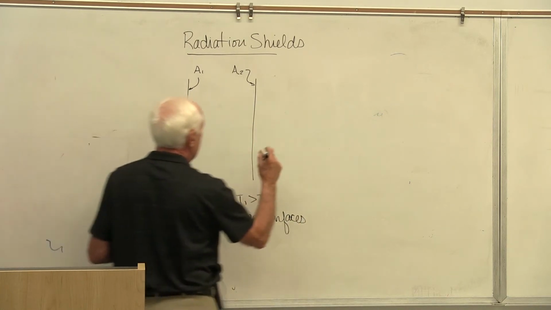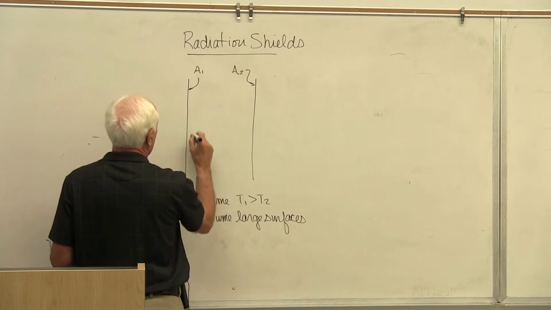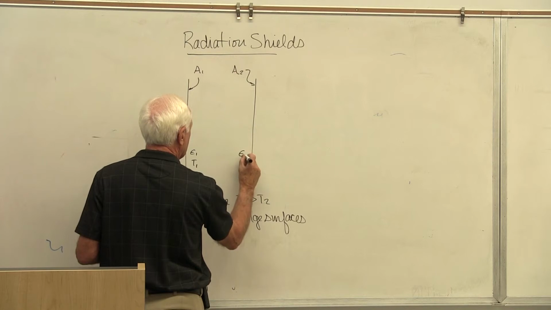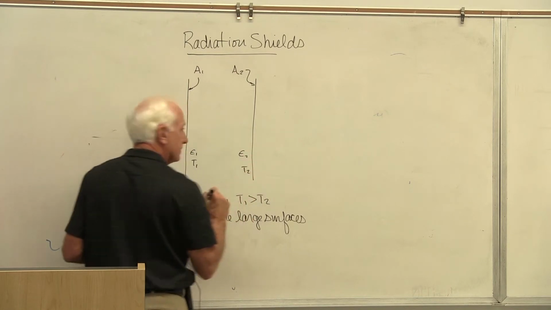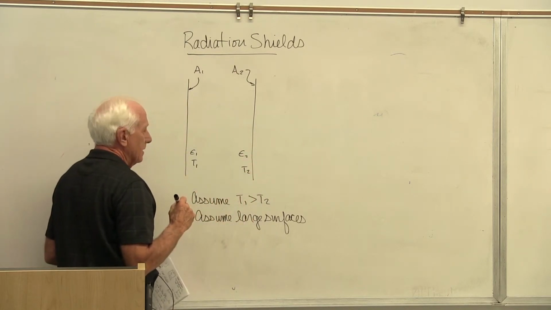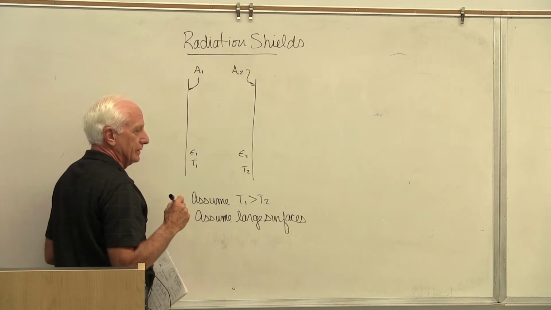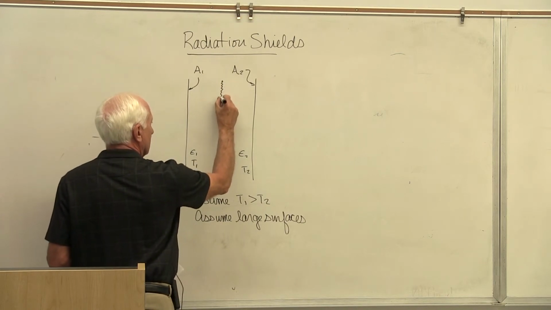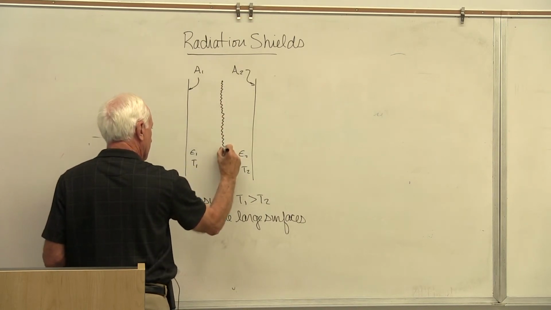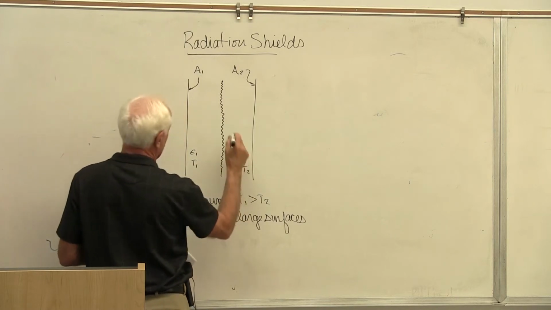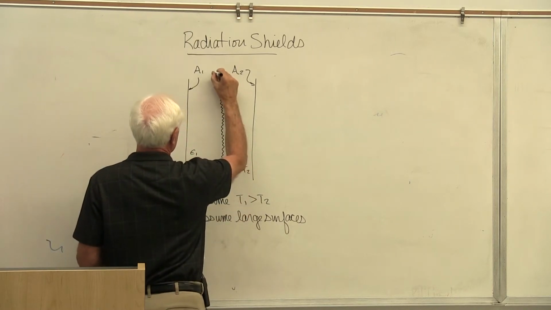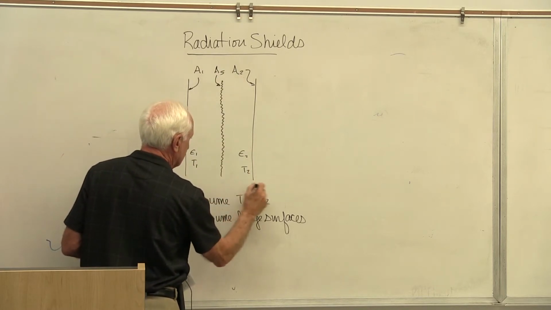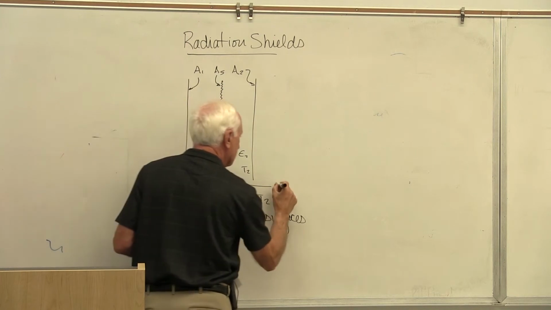Okay, we have epsilon 1 and T1. Over here we have epsilon 2 and we have T2. A radiation shield is something put between a hot and a cold surface to cut down on the radiation heat transfer. So here is the radiation shield. Call it AS, area of the shield. So this is the radiation shield.